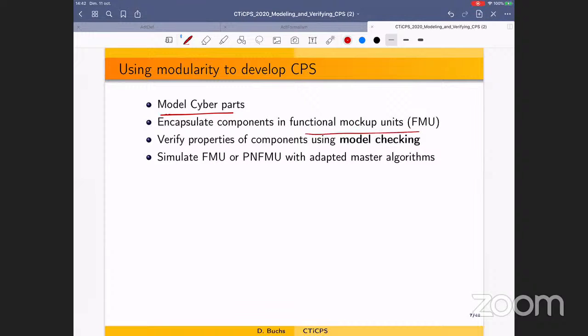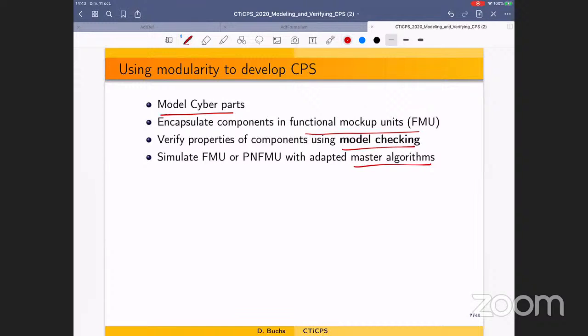Now the idea is each component can be checked and verified in isolation using model checking. And finally, the whole system has a behavior which depends on the semantic of the glue in terms of FMU, or functional mockup unit, or PetriNet functional mockup unit. This is called the master algorithm. So this is the glue between the various components of the systems.